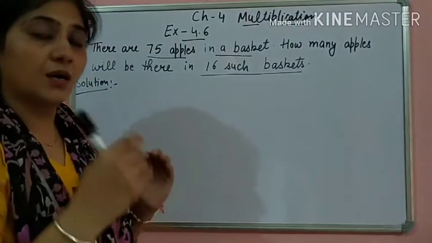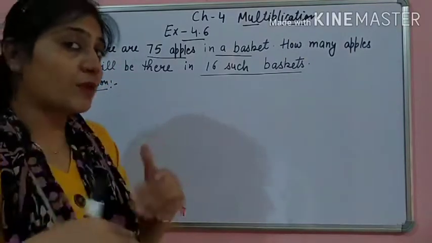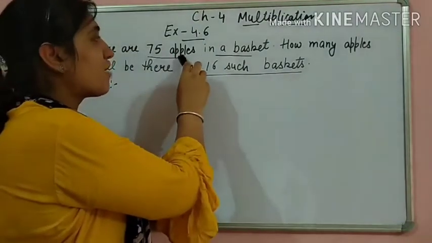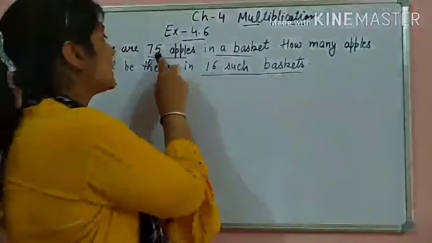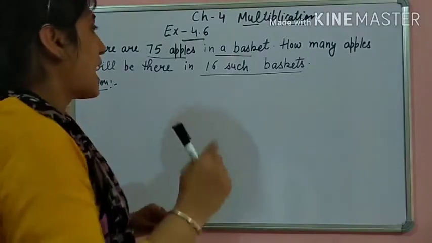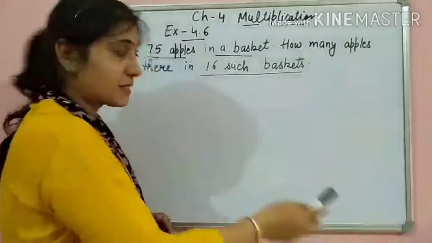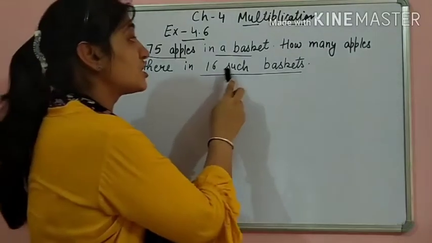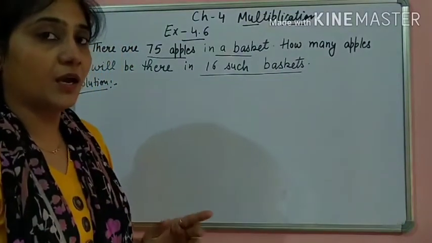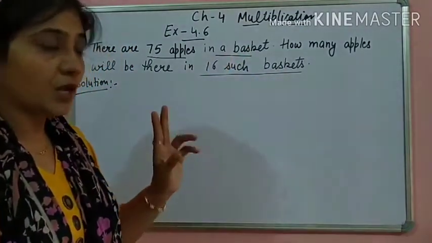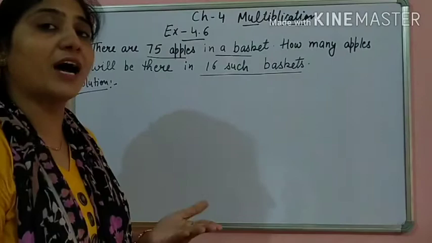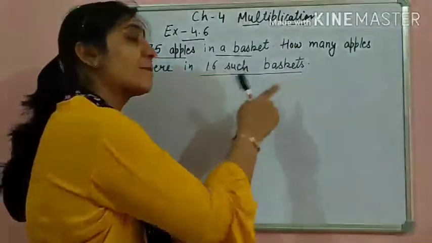See students, which thing is given and what we have to find. Given is the number of apples in one basket, 75. 75 apples are in one basket and we have to find how many apples in 16 baskets.